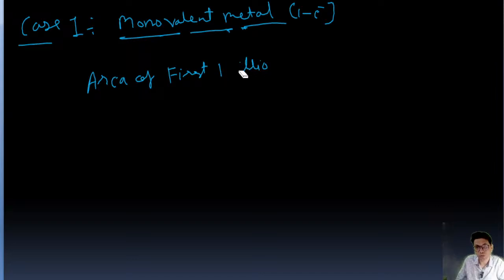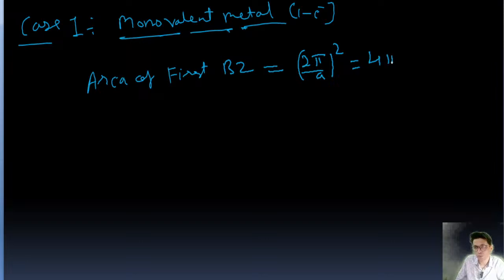I'll write it in short, BZ. So the area of the first Brillouin zone is 2 pi upon a whole square, or 4 pi square upon a square. I have already explained the area of the first, second and third Brillouin zones.